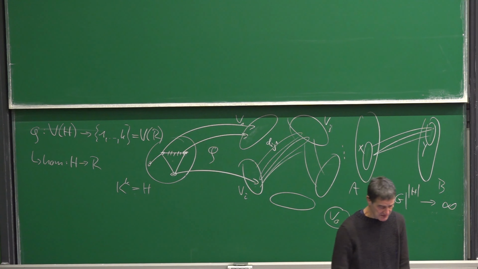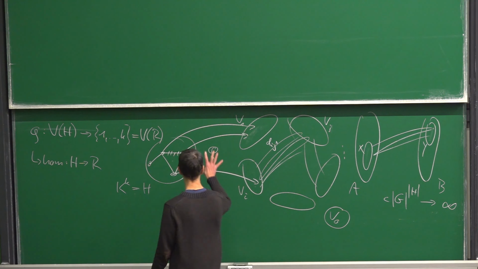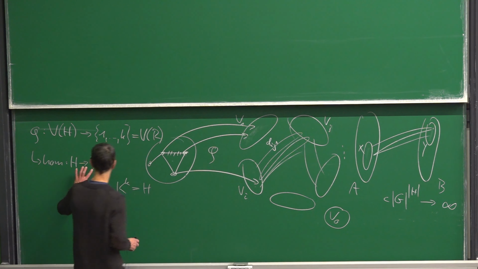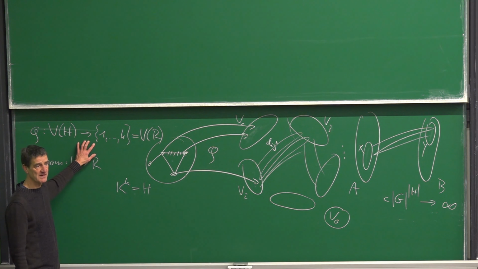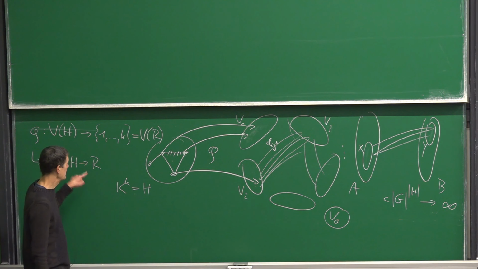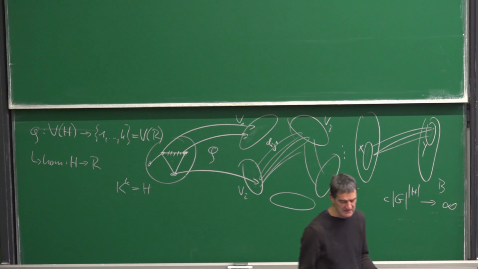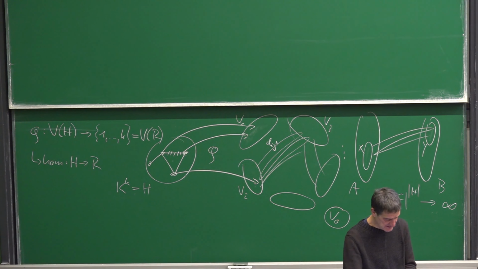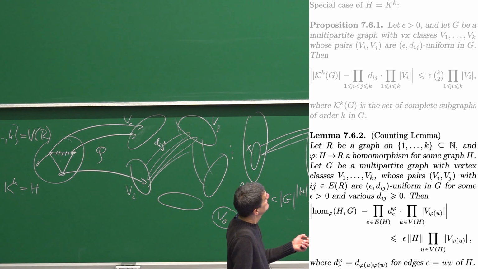But that's the only thing to bear in mind. Otherwise, this map does not have to be injective. Just bear in mind that only non-adjacent pairs of vertices can map to the same vertex of R. Okay, that's the little phi that we have given.